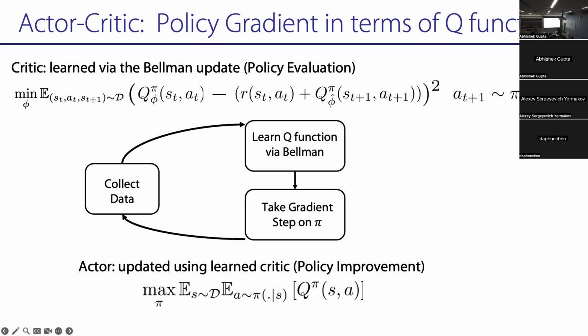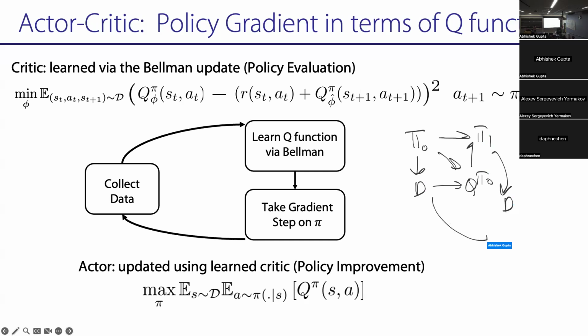The way it works is you start from pi naught and collect some data. The data and pi naught give me Q-pi naught. Q-pi naught gives me pi one. Then I collect some more data, and I repeat. I keep aggregating all that data into my big data store, because it can now be off policy, so I don't need to just use my latest data.